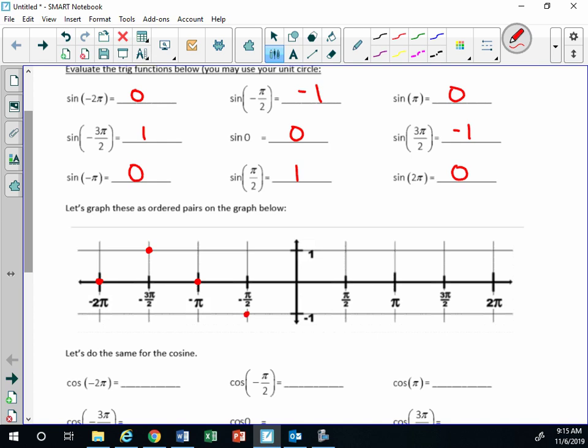Negative 1. 0 gives me 0. What about pi over 2? 1. Pi. Pi is 0, right? Are you guys noticing the pattern here? Okay, so 3 pi over 2 is negative 1, and 2 pi is 0. We'll give you a second to plot those points, and we'll talk about how we're going to connect them.